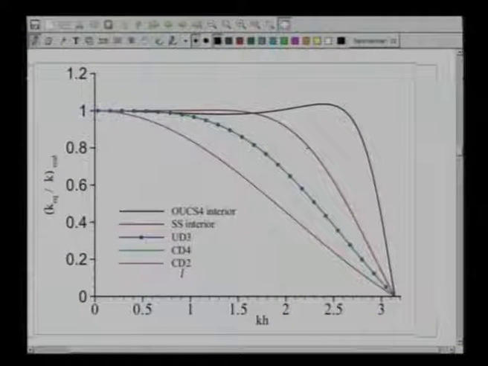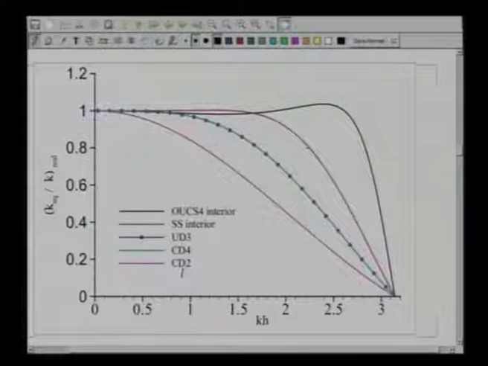However, this k equivalent by k that we have plotted here against k h, this performance parameter, is better than if you would have taken a CD8 scheme, because you have taken a 9-point, and what you really want is a benefit that is more than what you could get with a CD8 scheme.